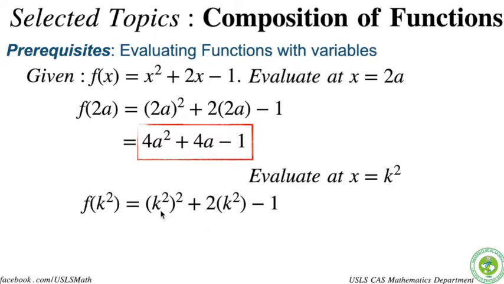For k squared squared, that's a power of a power law in our laws of exponents. For a power of a power, we just need to multiply those exponents. So 2 times 2 is going to give us 4. Here we have it. We are not going to do anything here except multiplying the coefficients. That's going to become 2k squared minus 1.